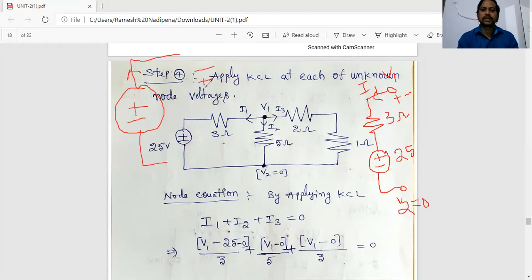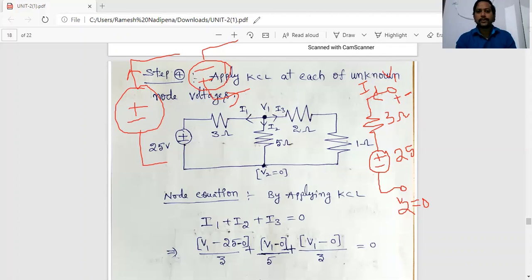If the voltage source polarity is the other way, then the current flow is the other way. So according to that convention, I marked the polarity like this: this is minus, and this is plus, at node V1, at node 1.